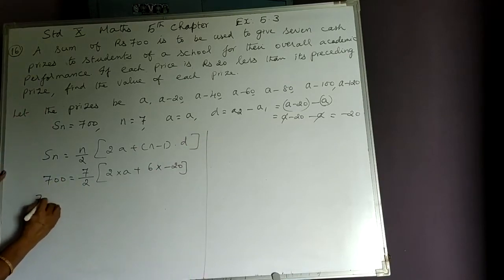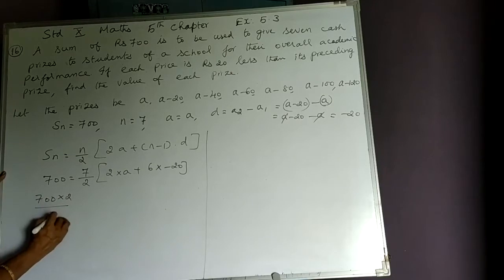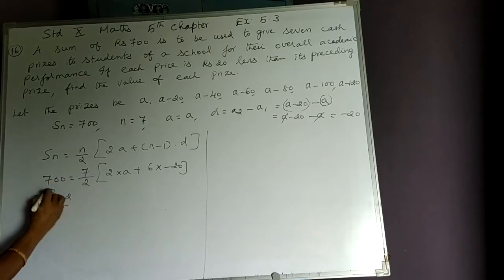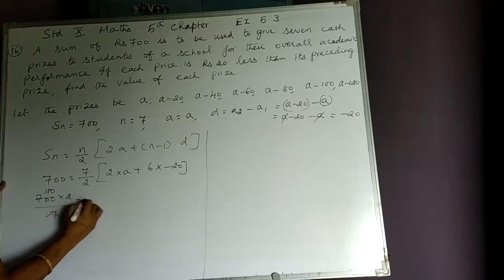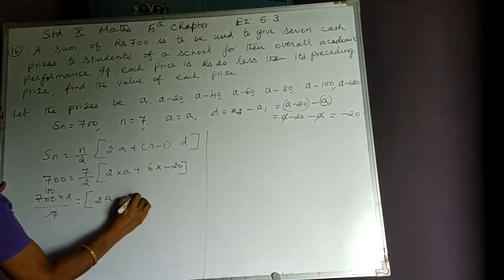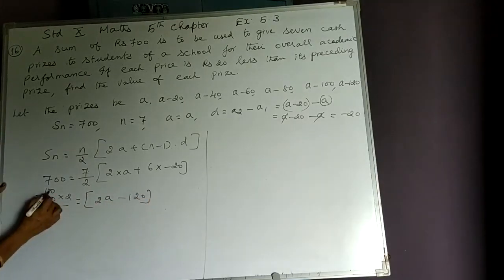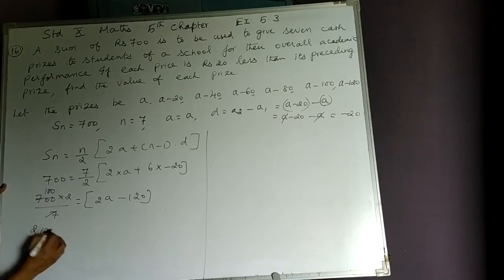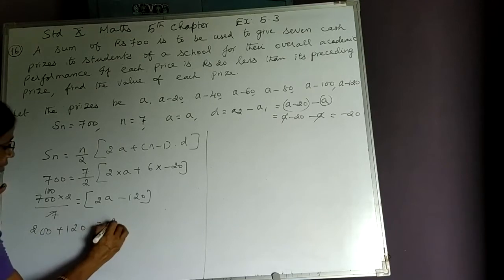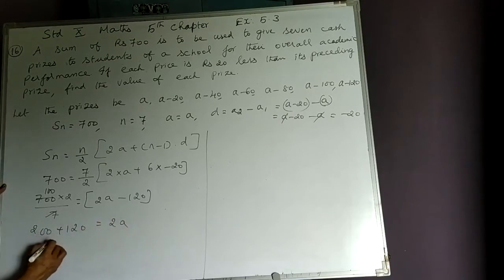So here it is 700 into 2 upon 7, 2 comes up, 7 comes down. So here it goes 100 times, which is equal to 2a minus 120. So here we'll get 200, 120 comes here as plus, which is equal to 2a, 320.